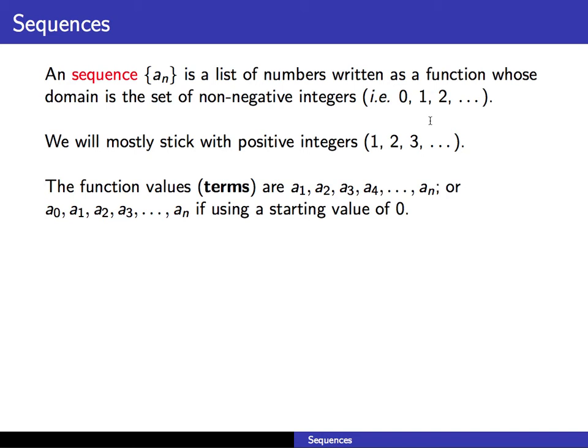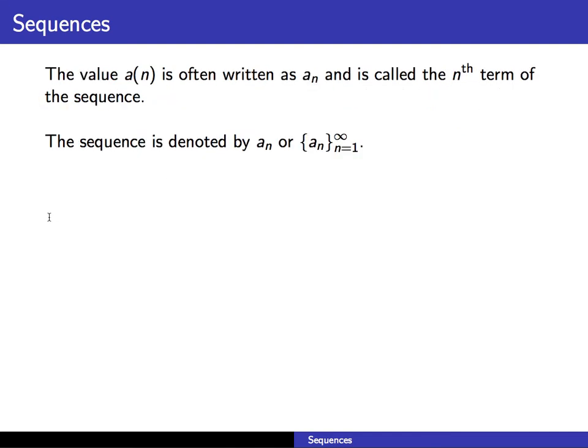So the function values or terms are really just written as this list separated with commas for each of the elements in it. So a sub 1, a sub 2, a sub 3, and so on, all the way up to the last term of our sequence if our sequence has a last term. Or if we start with 0, it's the same sequence just with a sub 0 as the starting value.